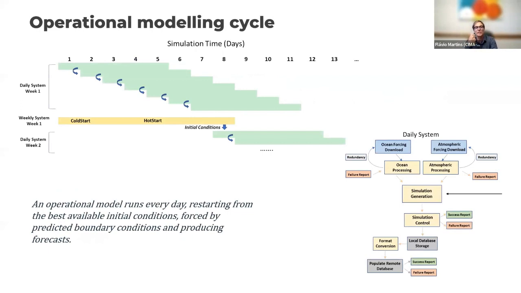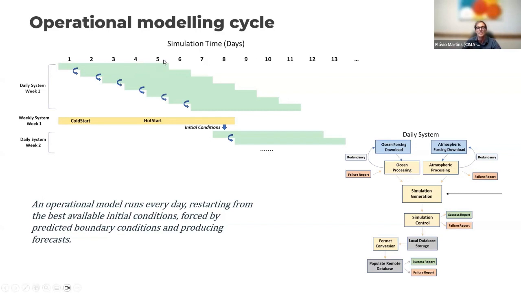So, returning to the operational modeling cycle. As I said, the model runs every day. So in day one, it takes, imagine, 12 hours or 8 hours to run, and it runs a forecast of 5 days. So in 8 hours, the model managed to simulate 5 days.